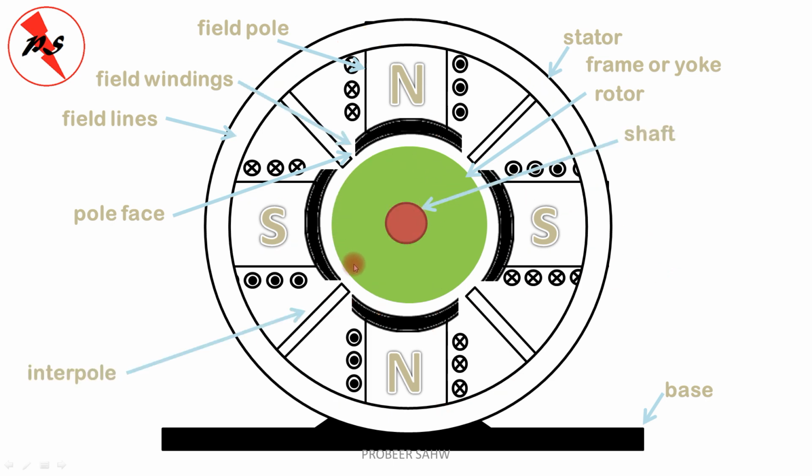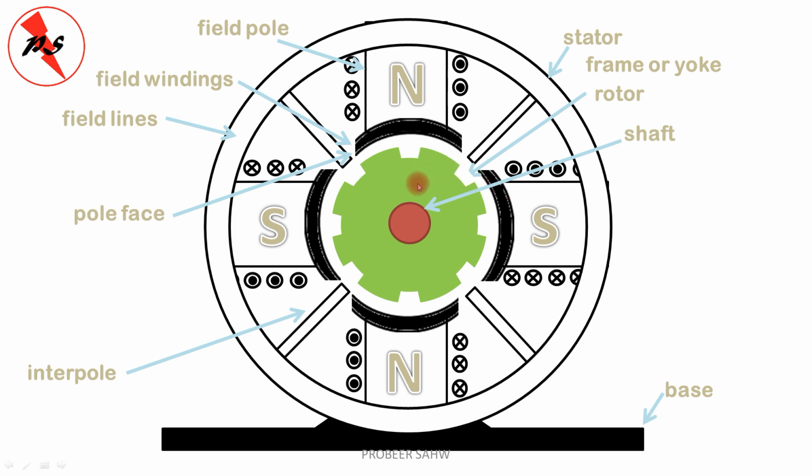Now this rotor is actually based on this small tiny part which is called the shaft. This shaft is long and cylindrical in shape, a solid forging of cylinder made of steel. On this part the armature, or we also call this rotor the armature, is supported. So this is the shaft on which the rotor is supported.